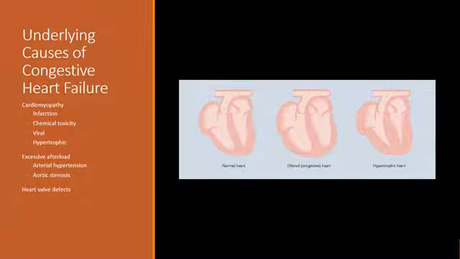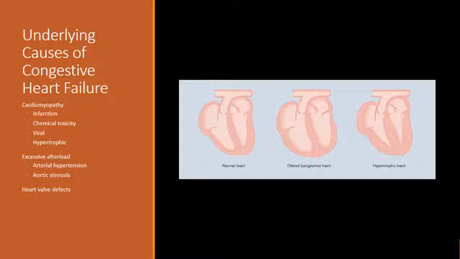Looking at some of the causes of congestive heart failure, when we talk about dilated cardiomyopathies, the result of this is basically that the heart starts to increase in size, but the walls start to become a little thinner than normal, and the heart tends to kind of balloon up a little bit.